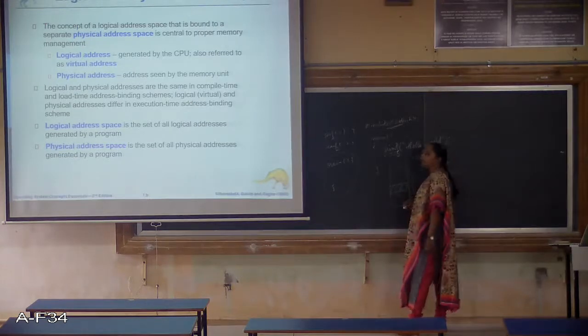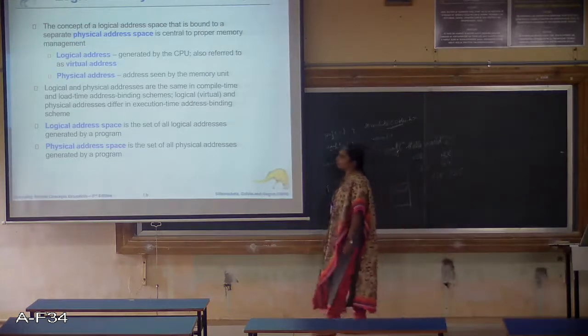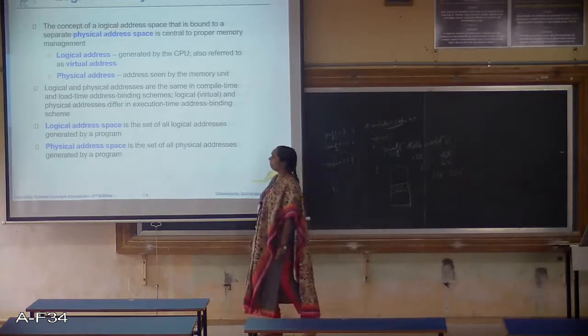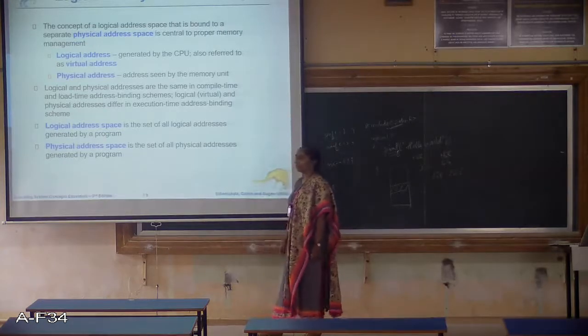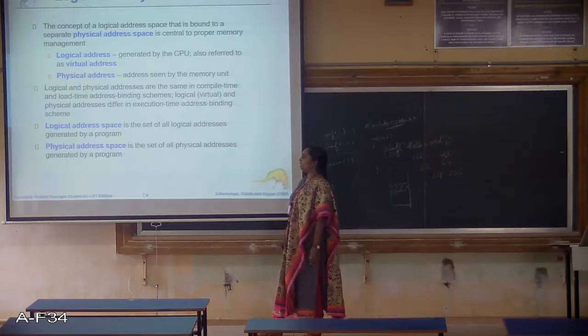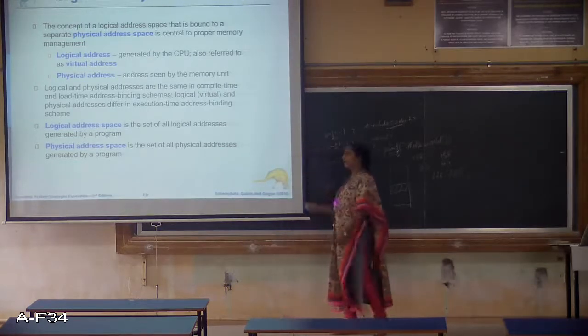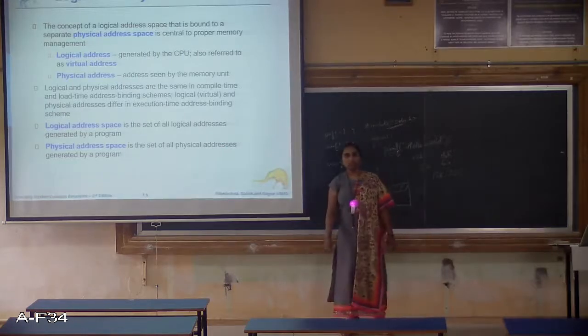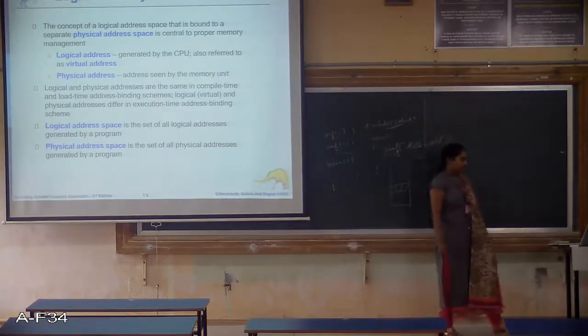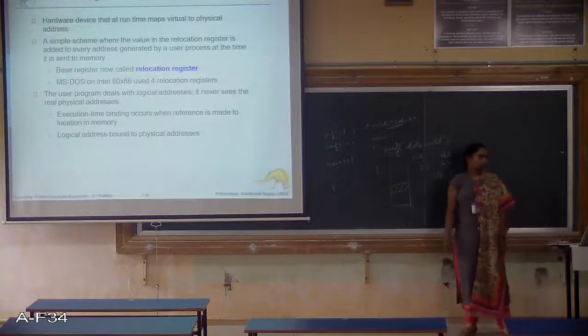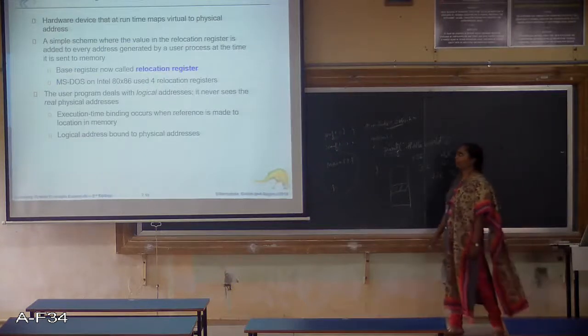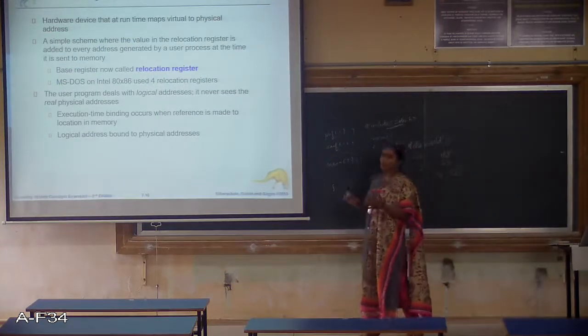What is a physical address? It is what you get when you bind with the base. Logical address space is the set of all logical addresses generated by the program, and physical address space is all the physical addresses generated by the program, but in RAM.